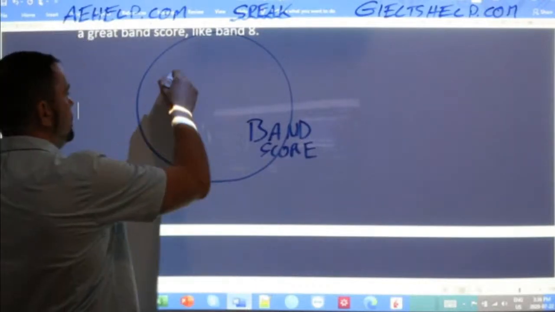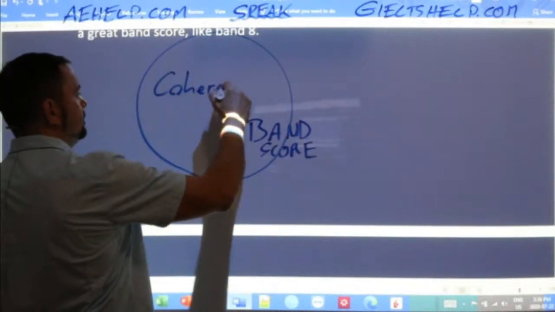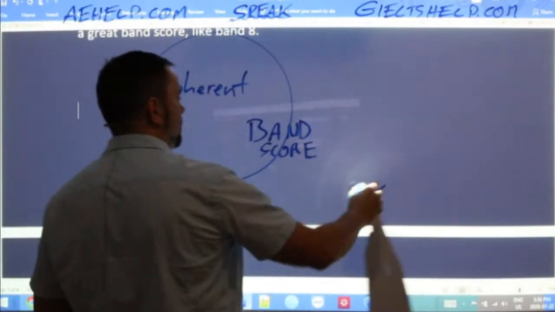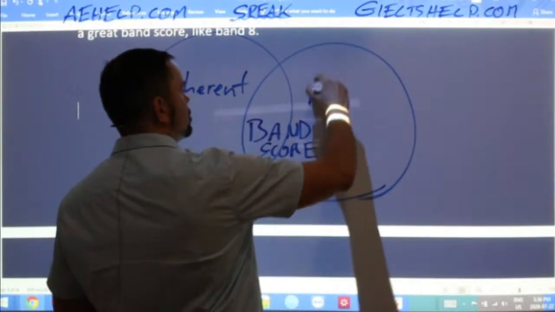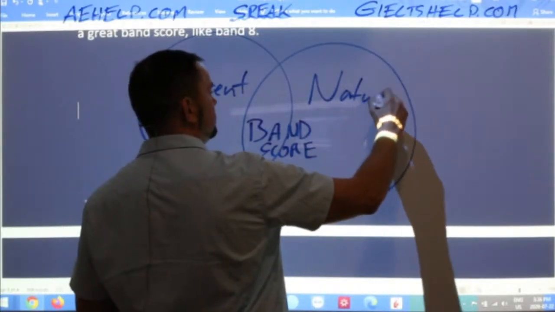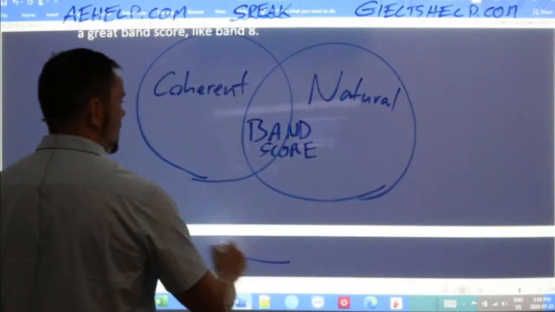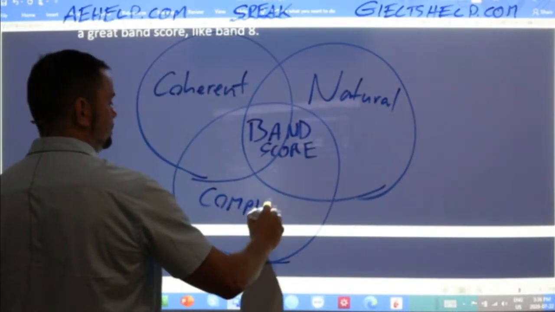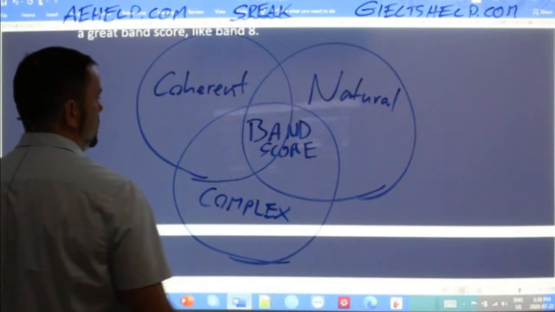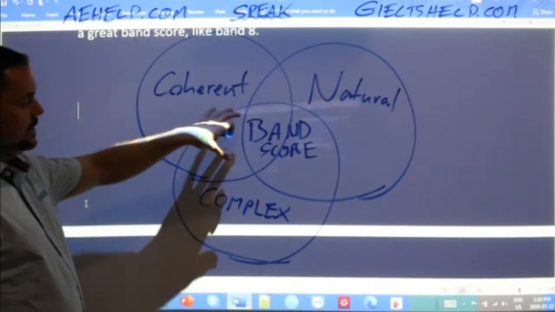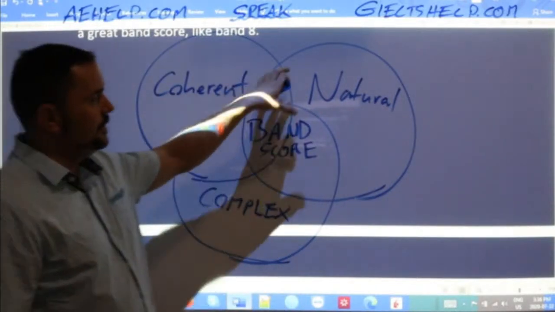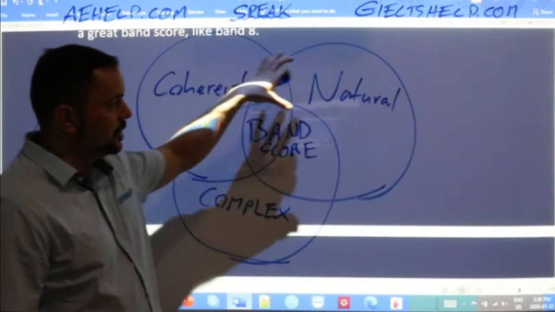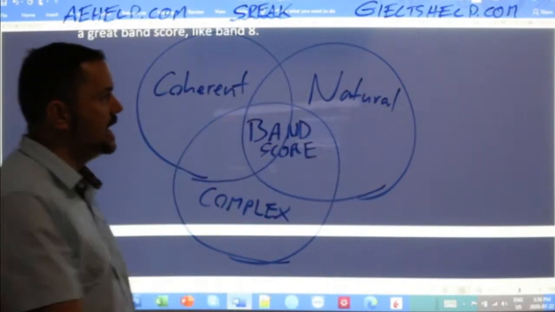Okay, so coherent, natural, okay, and complex. All right. So your band score comes from these three spheres of your language. So how natural are you?